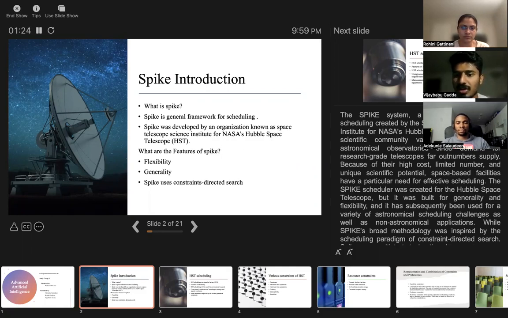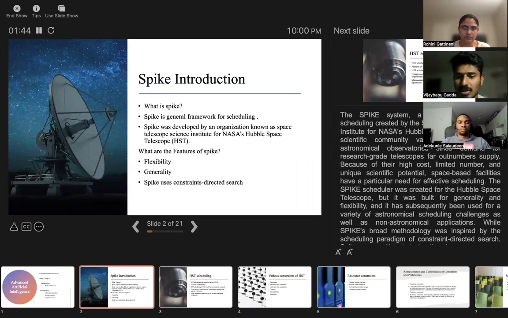The scientific community values efficient use of astronomical observation, since demand for research-grade telescopes far outnumbers supply. Because of their high cost, limited number, and unique scientific potential, space-based facilities have a particular need for effective scheduling.